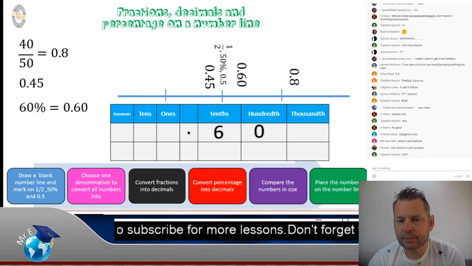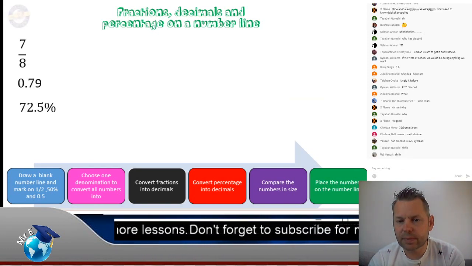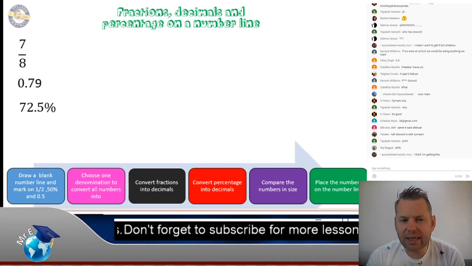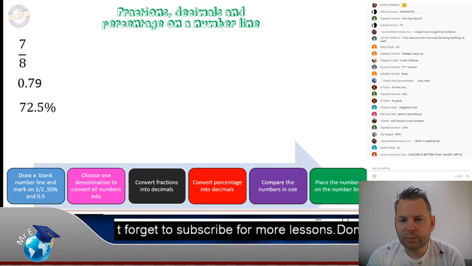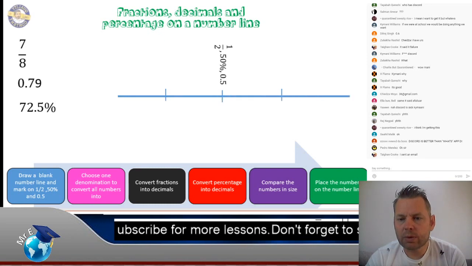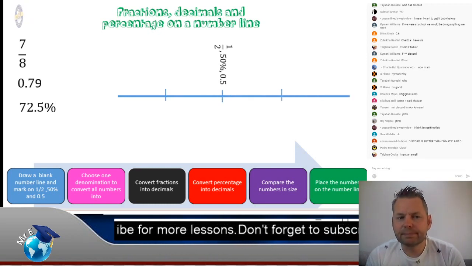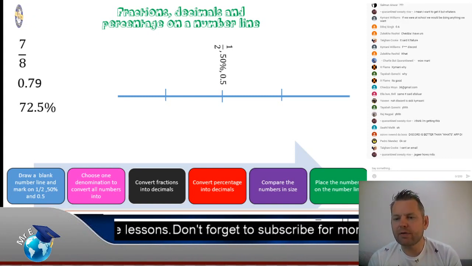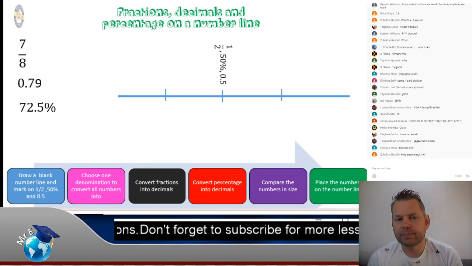Okay? Now this one's slightly more complicated, but it's the same principles. So now we've got 7/8, 0.79, and 72.5%. Okay. We're going to draw our number line. And make sure that you're marking your quarter, your half, and your 3/4.